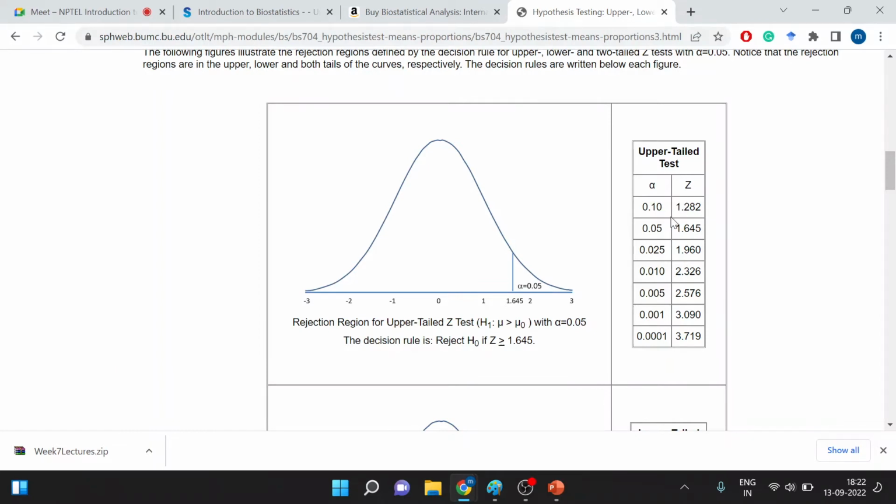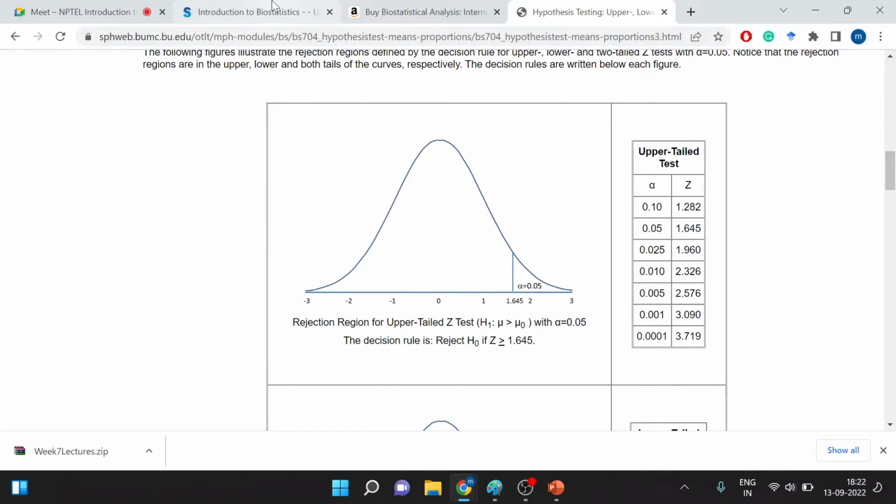This is from a table that has been standardized. You need to look up such tables; you can find them on the net or anywhere. So for an alpha value of 0.05 you need a value whose magnitude is greater than 1.645. So it should be greater than this.